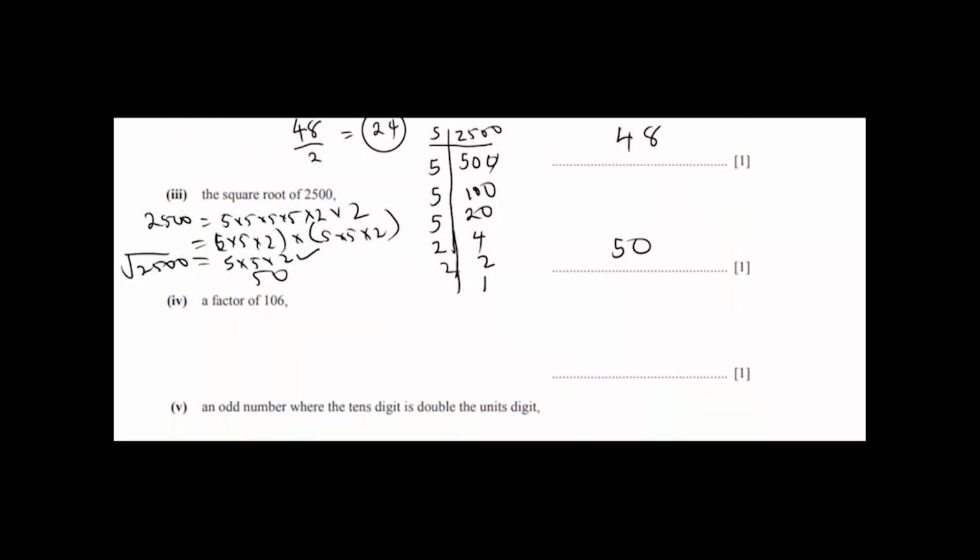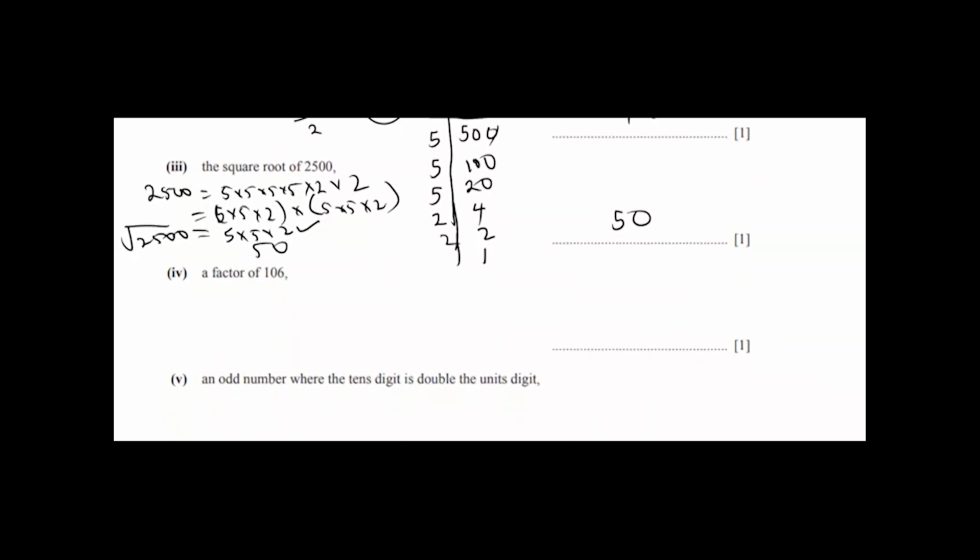So the next one here is a factor of 106. To get a factor of 106, you can easily divide 106 by some numbers, and don't forget the condition that our answer must be in between 40 and 70.